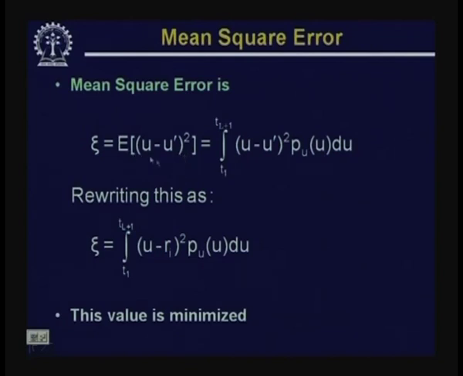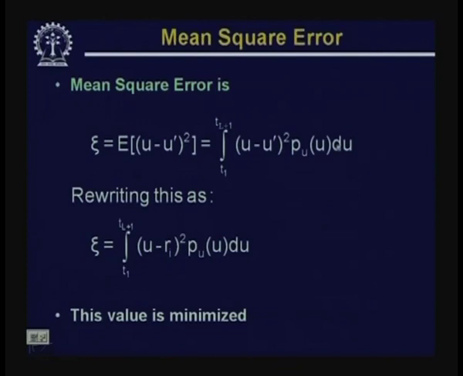This expectation value is nothing but the integral of u minus u prime squared multiplied by the probability density function p u of u du, integrated from T 1 to T L plus 1. You remember that T 1 was the minimum transition level and T L plus 1 was the maximum transition level. So, if I integrate this function over the interval T 1 to T L plus 1, I get the mean square error.